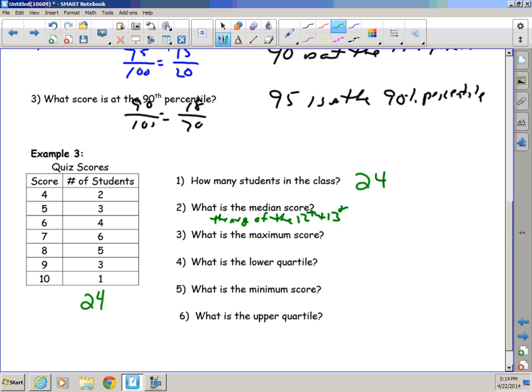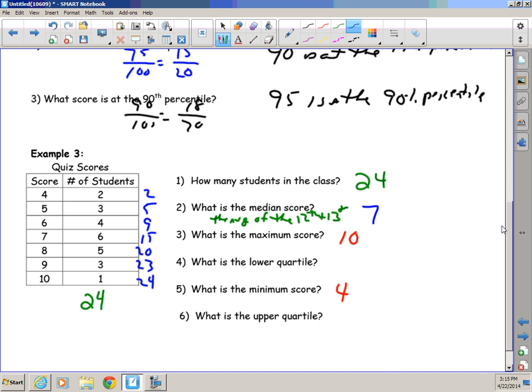So one thing that's helpful is do a running total. 2, 5, 9, 15, 20, 23, and 24. Well, where's the 12th and 13th? They're both in a score of 7, so my median score is 7. Maximum score, that's pretty straightforward, that's a 10. And minimum score, that's a 4.